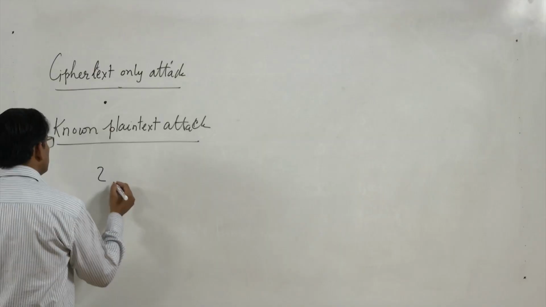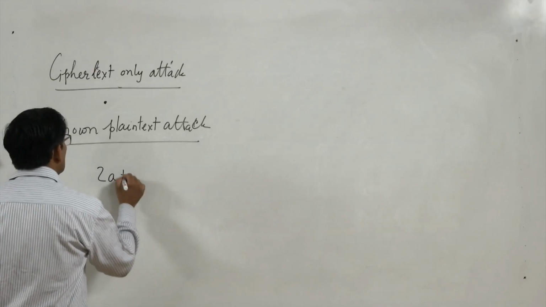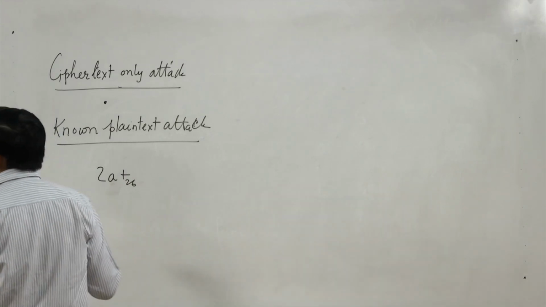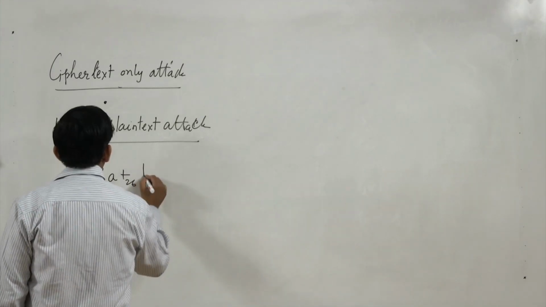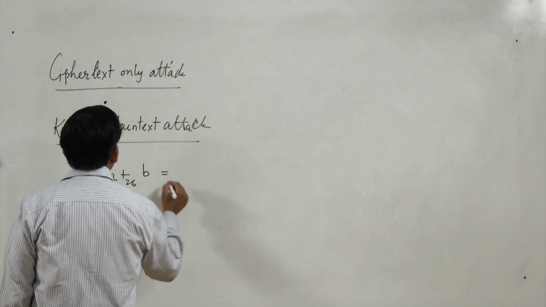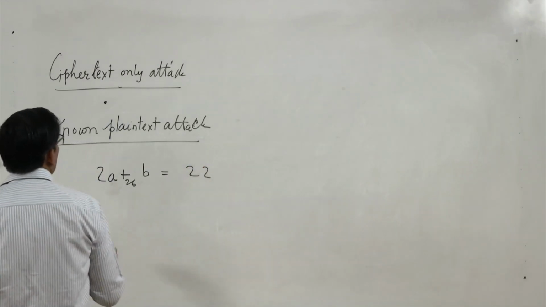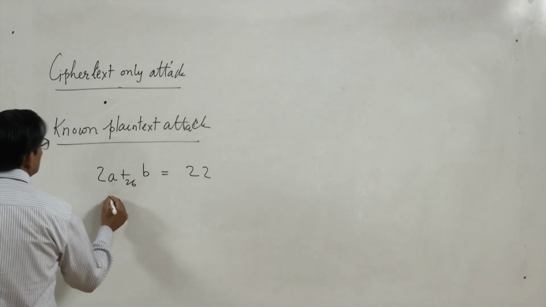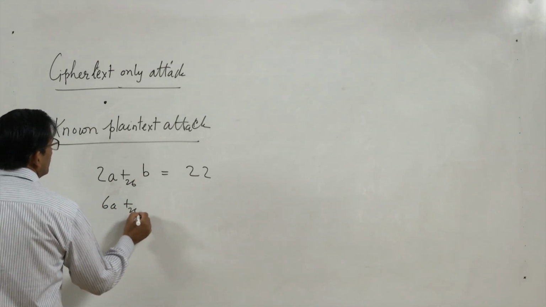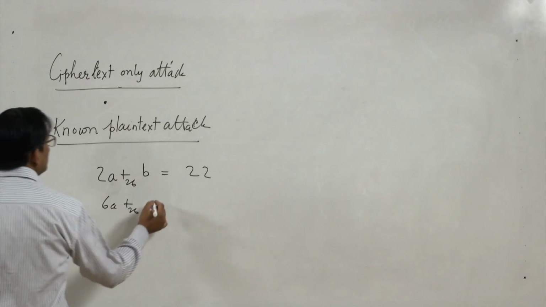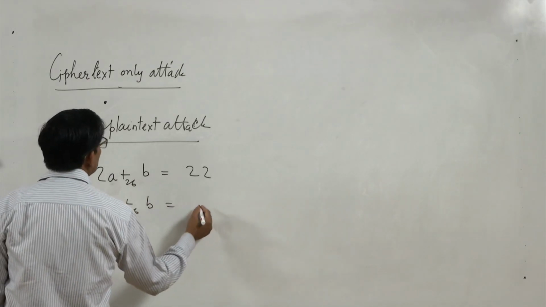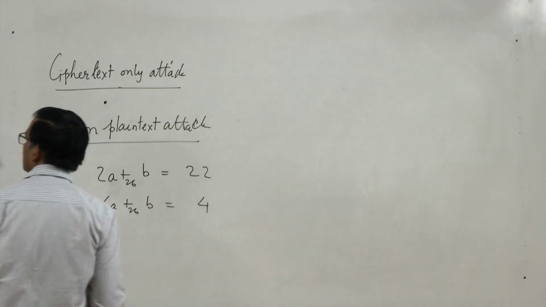2A plus B modulo 26 equal to 22, and 6A plus B modulo 26 equal to 4.